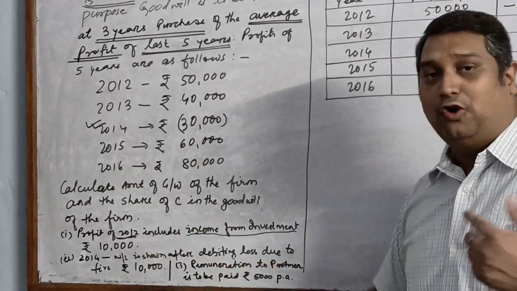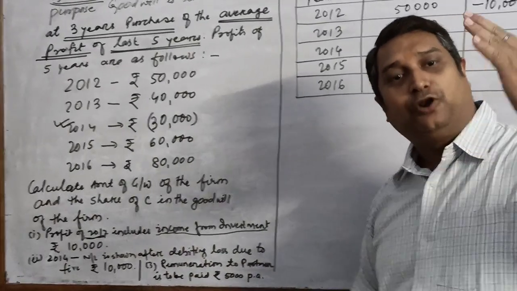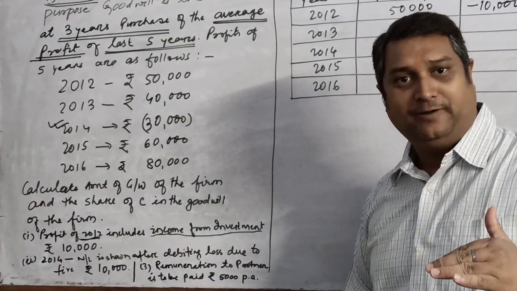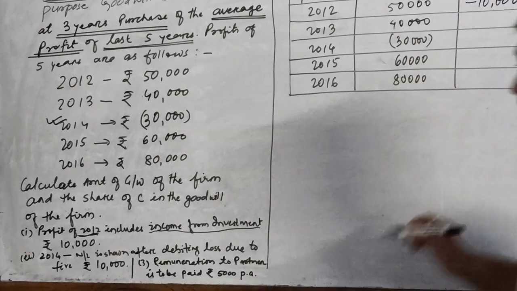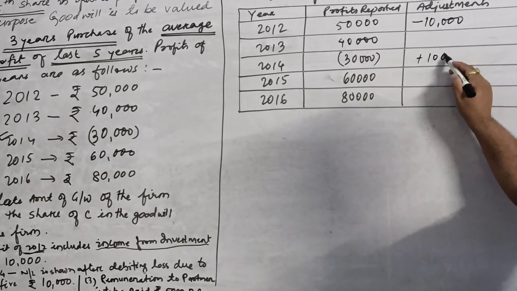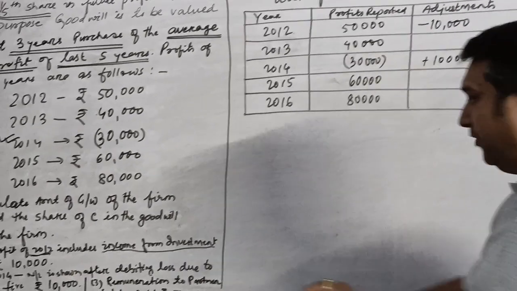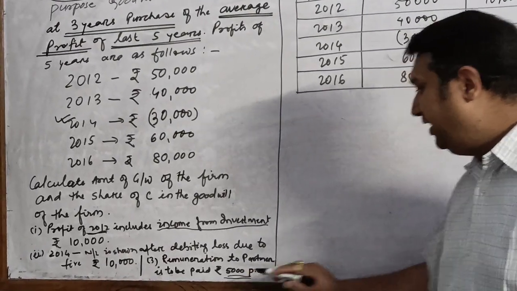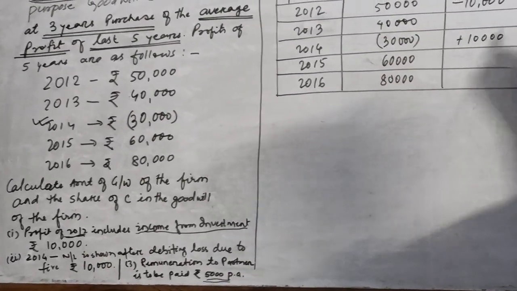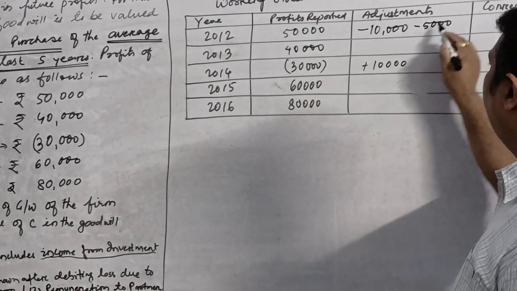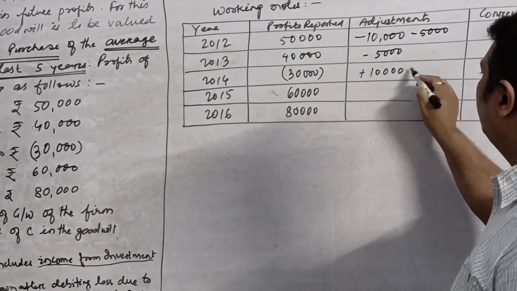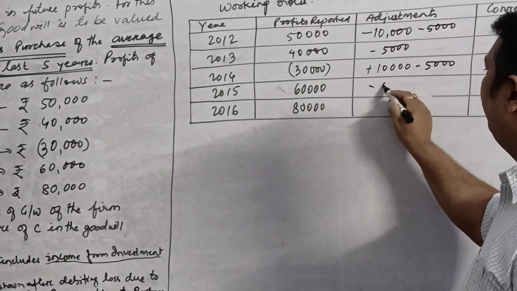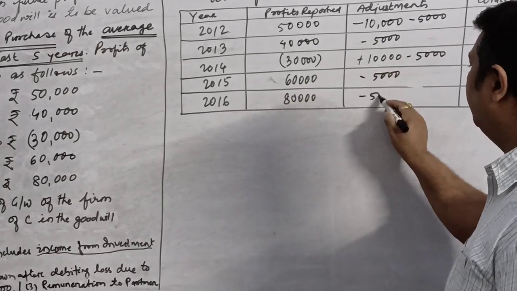It is an abnormal loss. The abnormal loss has already reduced your profit, so to correct it, you will add it back to the profit of the year 2014. And we are supposed to deduct remuneration for the partners per annum, since it is related to every year, so we will be deducting it from the profit of all the years.